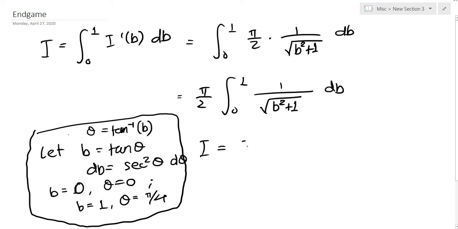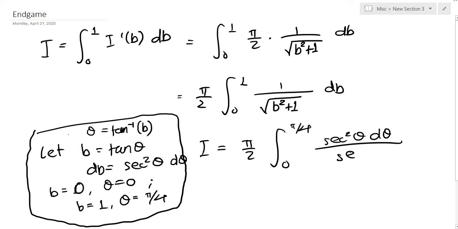So I is nothing but pi over 2 times the integral from 0 to pi over 4. What was db? Secant squared theta d theta divided by, well, let me actually show you the steps, square root of b squared, which is tan squared theta plus 1.